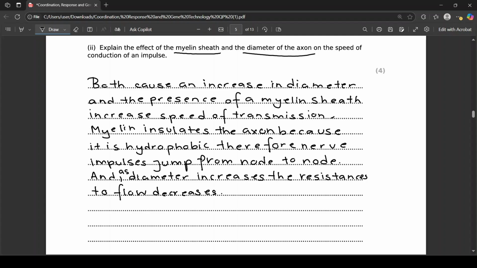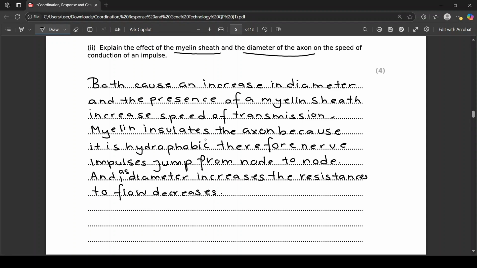So let's review a little bit about myelin sheath here. So we know that myelin sheath is an insulating layer around the neuron and axon, actually, around the axon, and it increases speed of transmission.